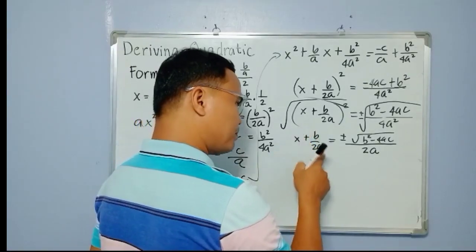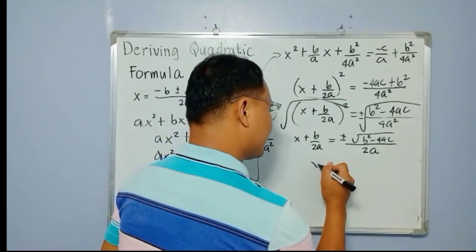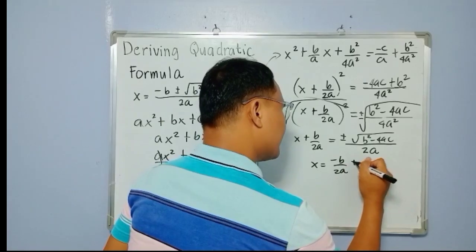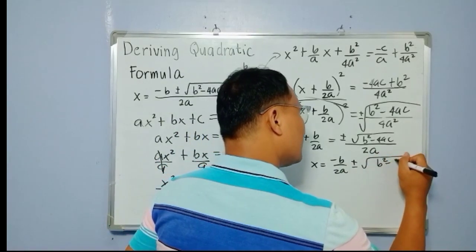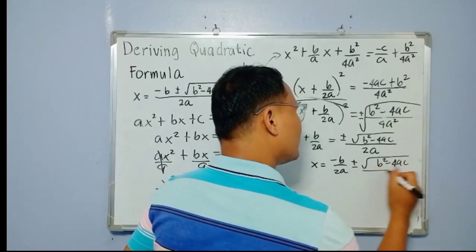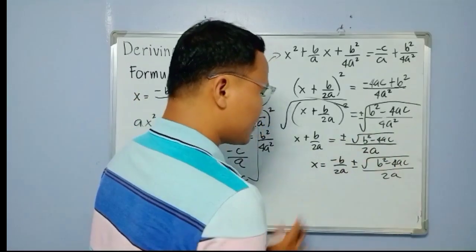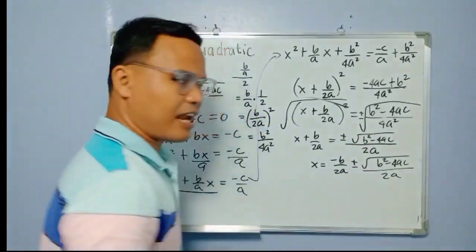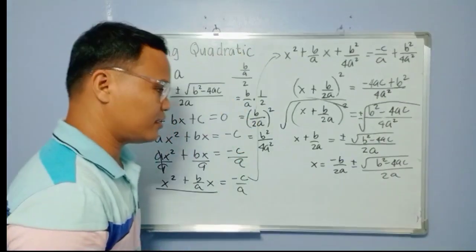We're going to transpose positive b over 2a to the right side to solve for x. So we have here x equals negative b over 2a plus and minus the square root of b squared minus 4ac all over 2a. Since there are two fractions here and they have the same denominator, they are called similar fractions.